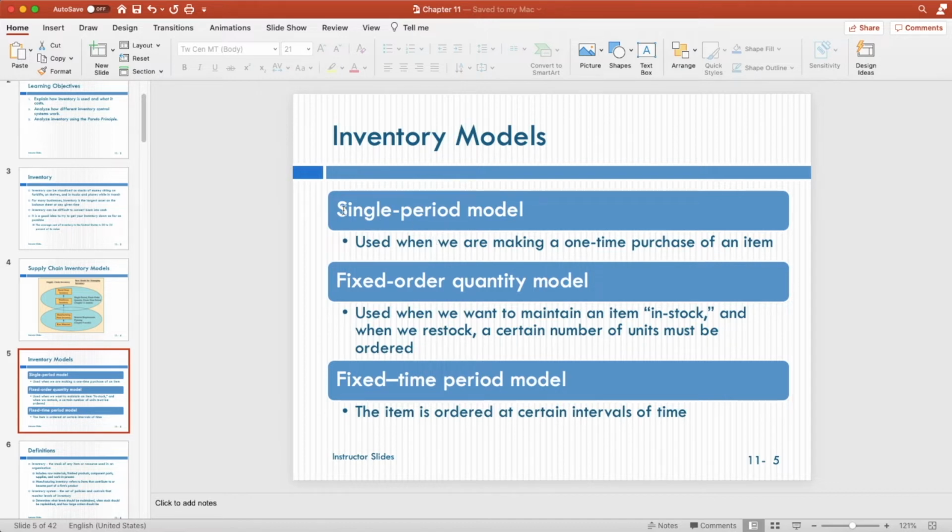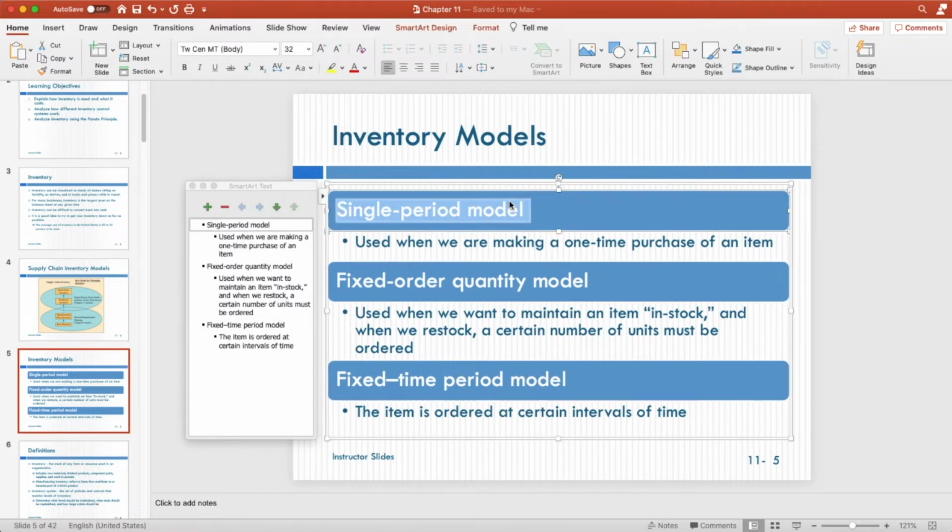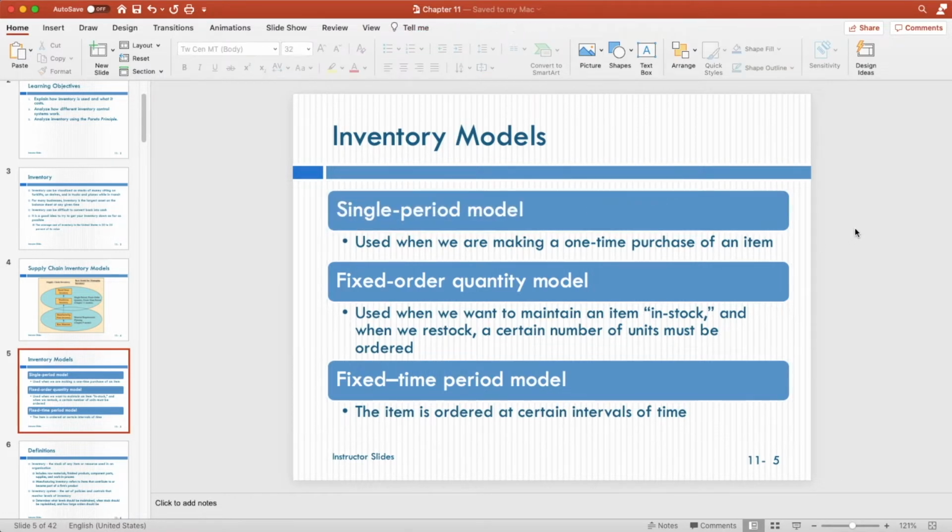The first one is itself a category, the single period model. The single period inventory management model itself can be viewed as one classification. Then the fixed order quantity model and fixed time period model are both included within the multi-period model.